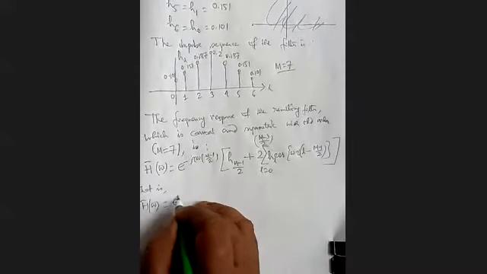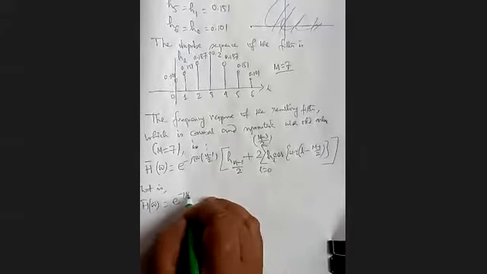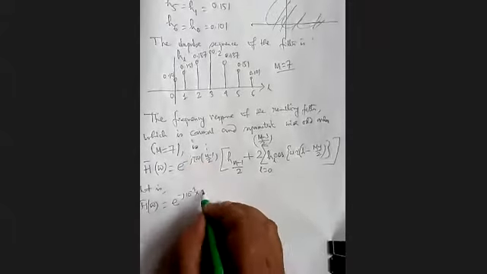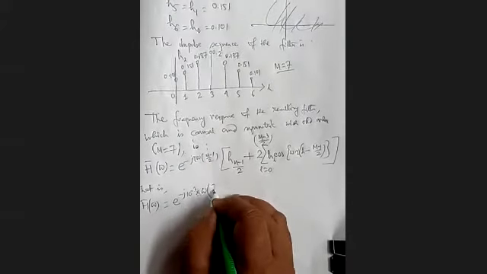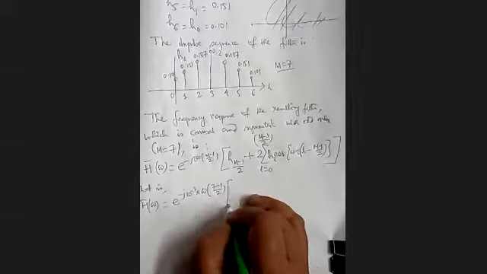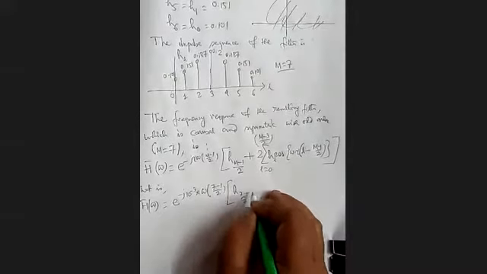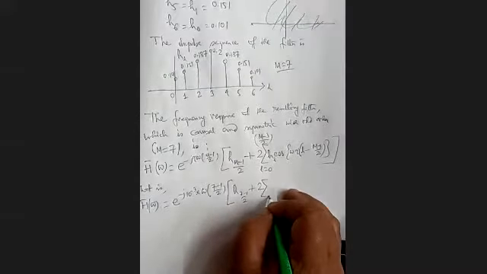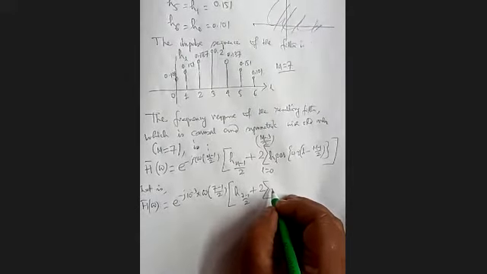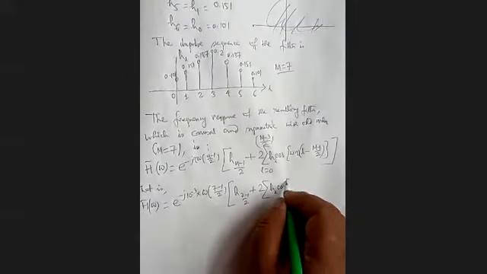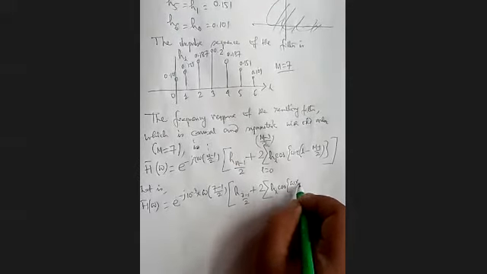E to the power minus j tau is 10 to the power minus 3. Here it is omega, any frequency omega, it is (7 minus 1) by 2. Then h (7 minus 1) by 2 plus 2 into HL cos omega into 10 to the power minus 3, then L minus (7 minus 1) by 2.